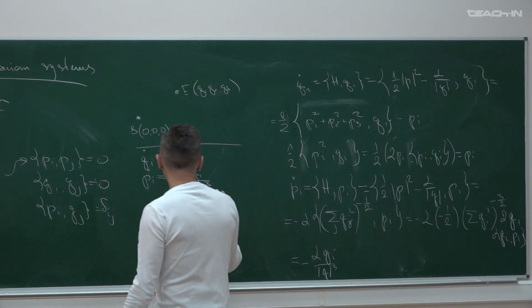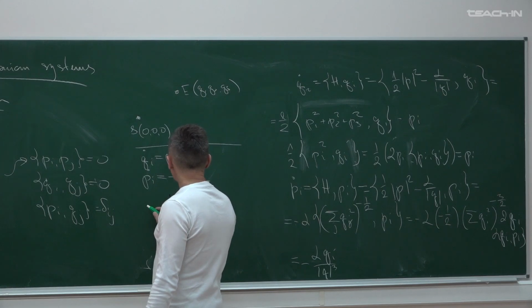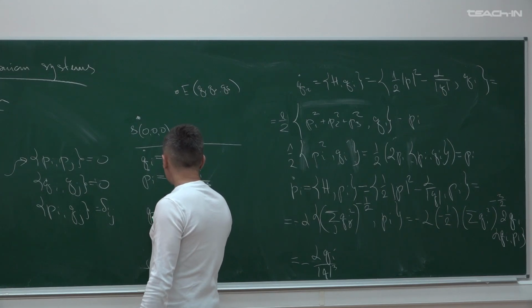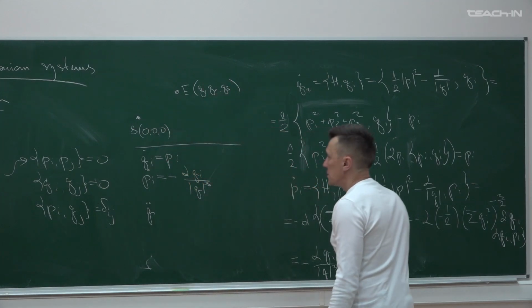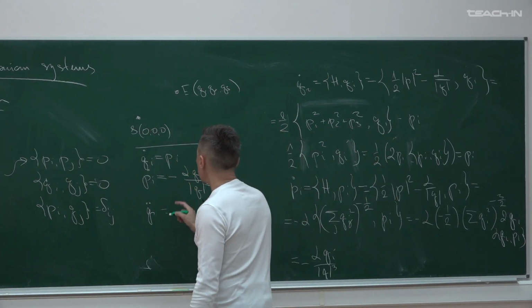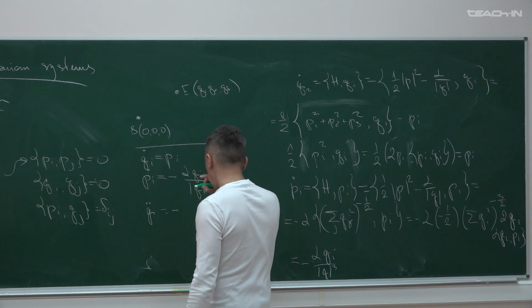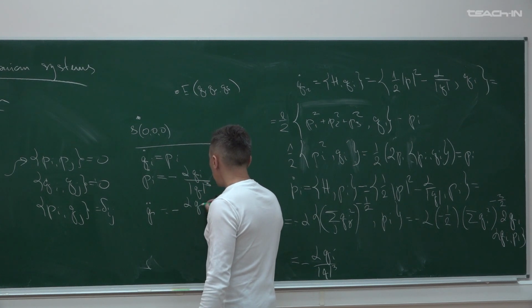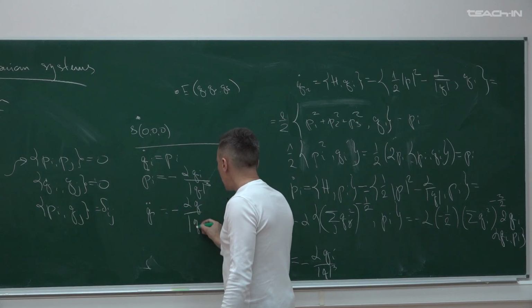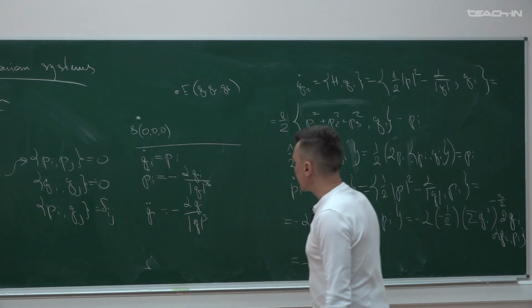And it means that we can write the second derivative of the vector of coordinates just minus alpha the vector q over the absolute value of q power 3.